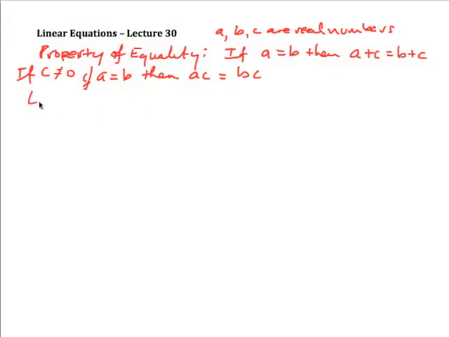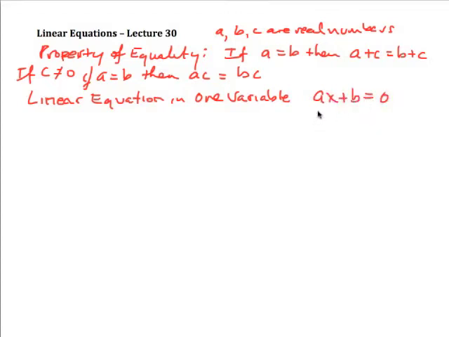Now, a linear model, which we are going to call a linear equation, has a standard form for a linear equation in one variable, in other words, one unknown quantity: AX plus B equals 0.